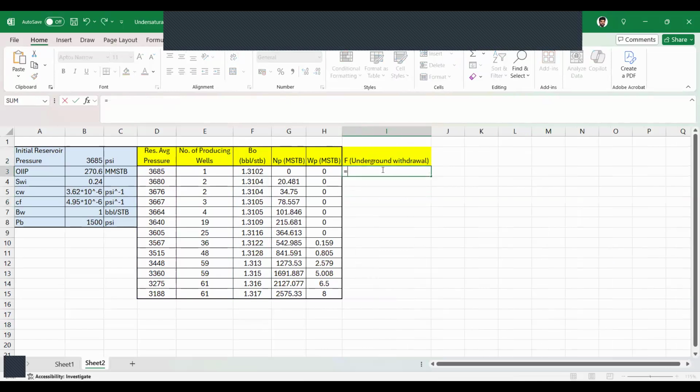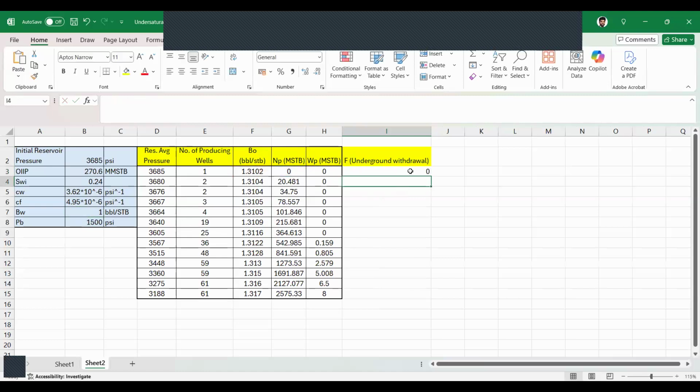Technically, we need to take them down to reservoir conditions. So Np times Bo, so STB is now converted to reservoir barrels, plus Wp times the water formation volume factor, because that is being produced from the reservoir.